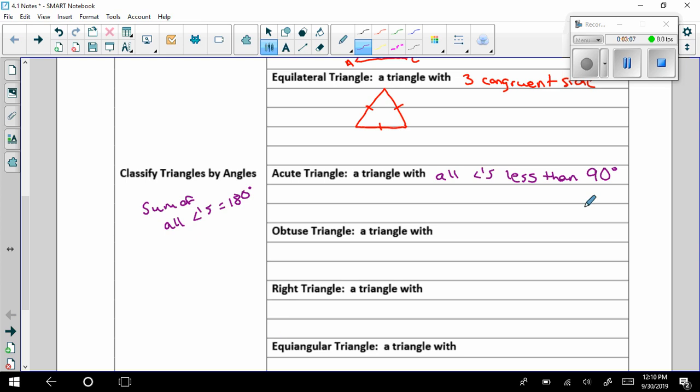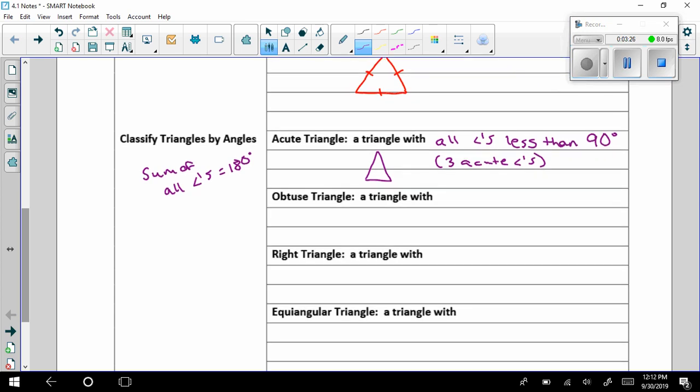But in an acute triangle, all three of those are going to be less than 90. Kind of looks like a right triangle there. Okay, so there's an example. All three angles are acute, meaning they're all less than 90.